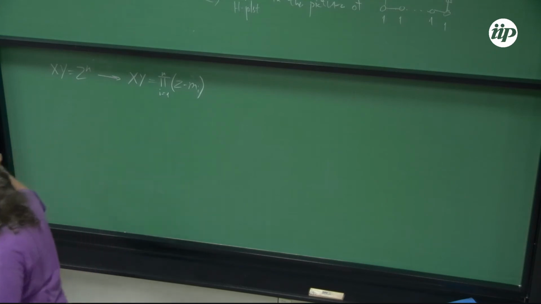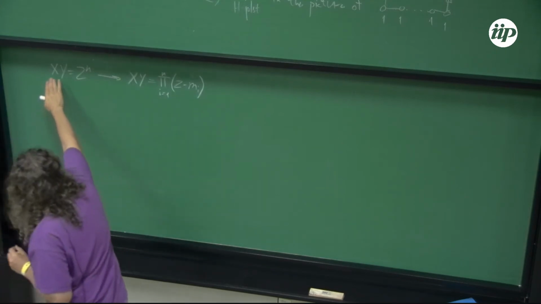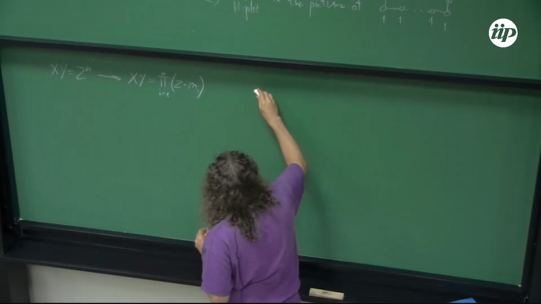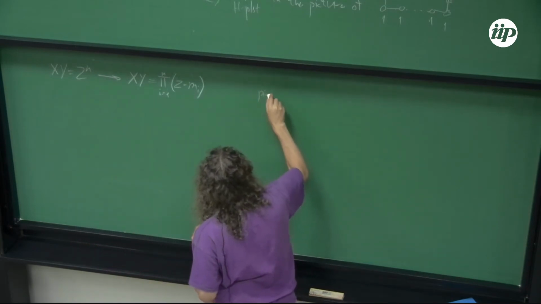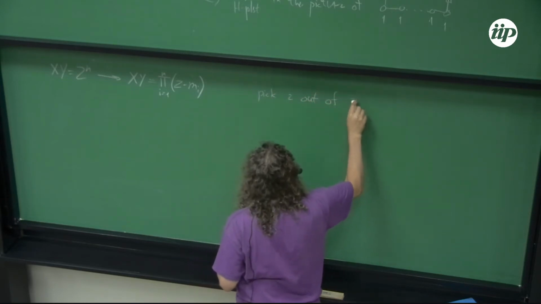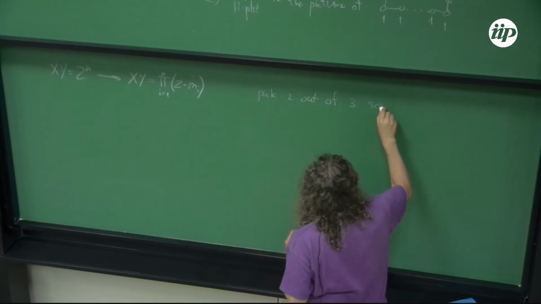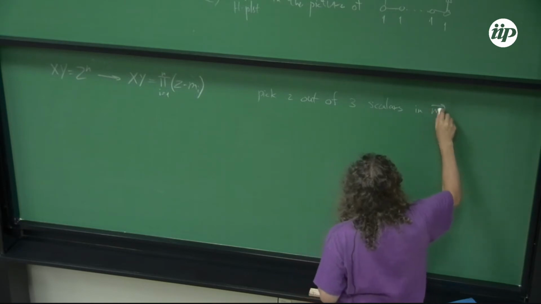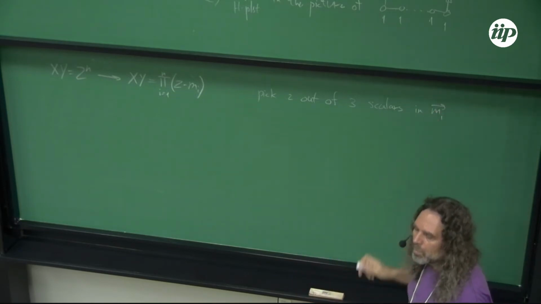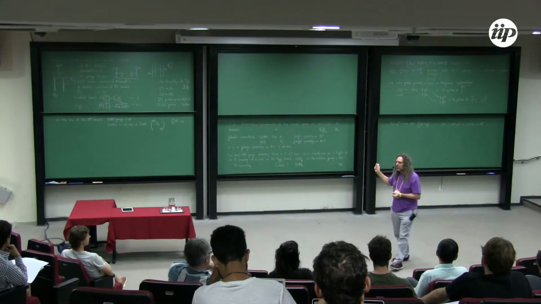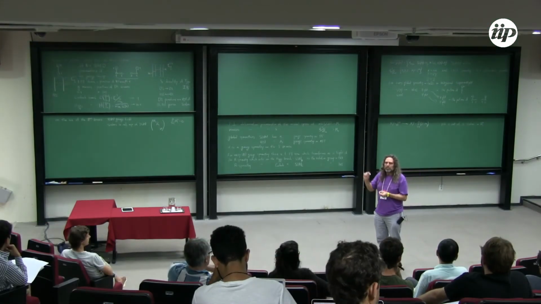Now, here I need to be careful. This is a complex variable, x, y, and z. The Mi are triplets, so what I'm going to do is to pick 2 out of 3 scalars in Mi. So Mi is a 3-vector. What I'm going to do is to pick 2 of them, complexify, leave the third real one, and not use it in the equation.